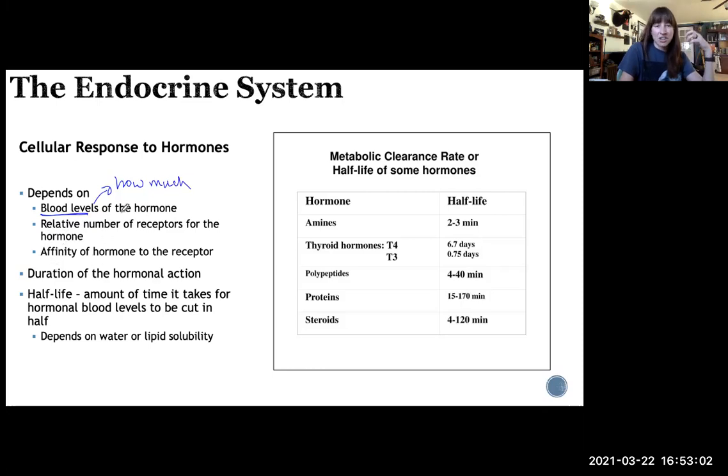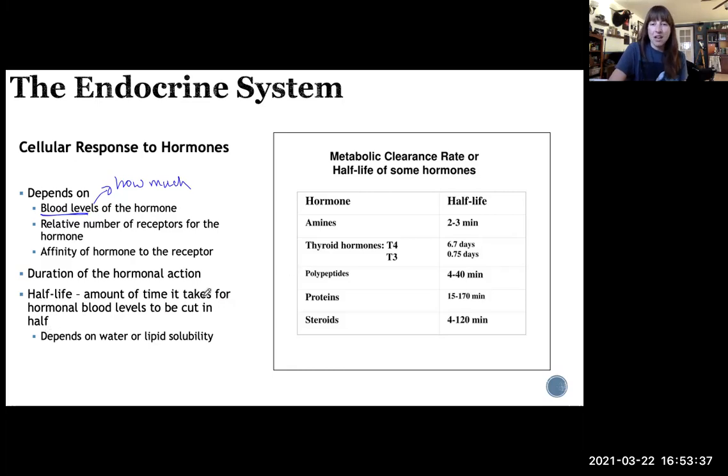How long that duration is depends on those, but it also depends on the half-life of that hormone, which is basically just how long it takes for half of that first volume of hormone to degrade, okay? Kind of like the half-life of a radioactive whatever, right? Just how long does it take for half of it to be gone, for it to be half as much as it was, because it's slowly degrading over time. So hormones do have half-lives. So how long it takes for the levels in the blood of that hormone to be cut in half.